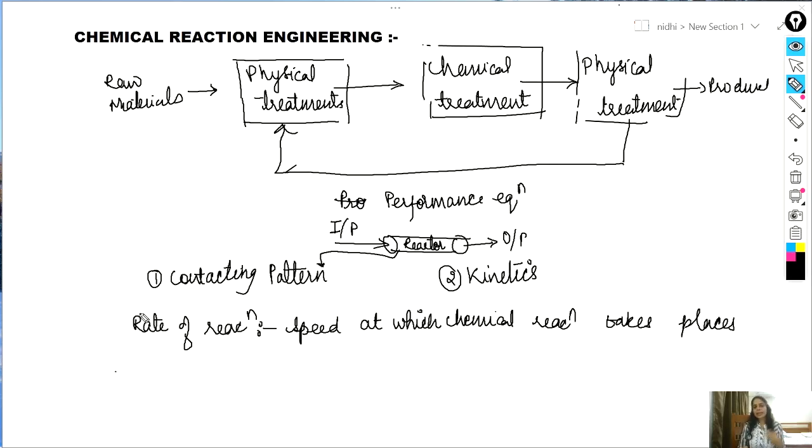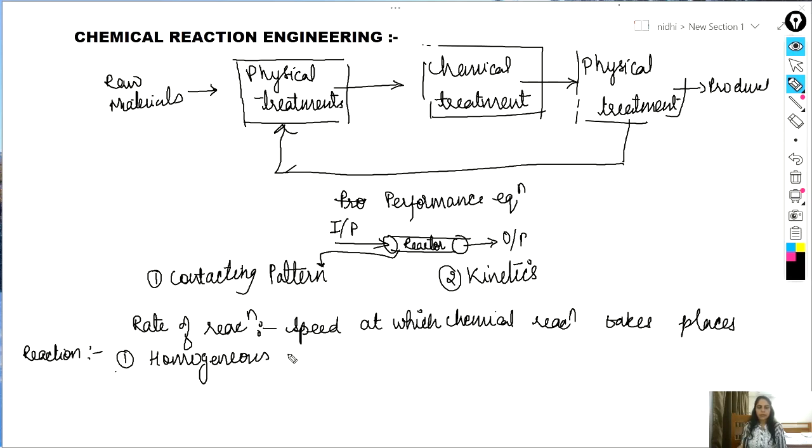Before starting rate of reaction, let's discuss the classification of reactions. We simply classify reactions into two categories: homogeneous system and heterogeneous system. A reaction is homogeneous if it takes place in one phase alone.